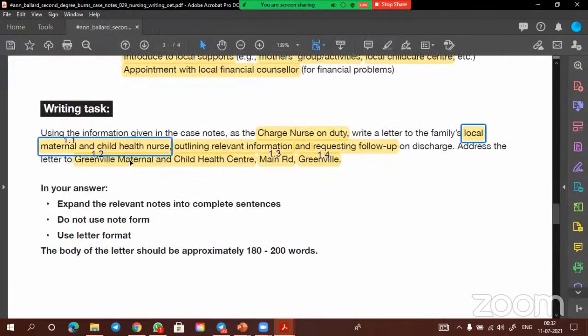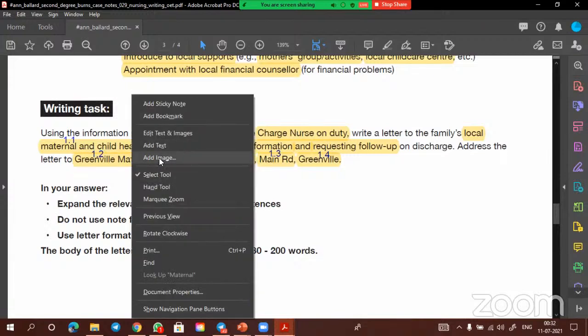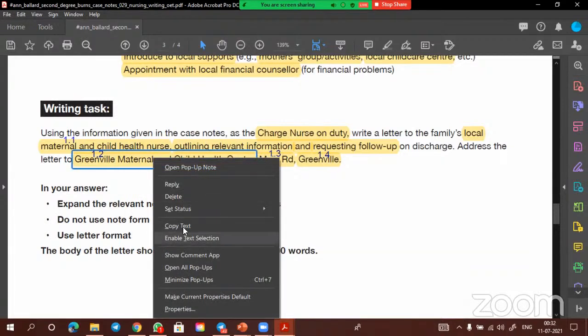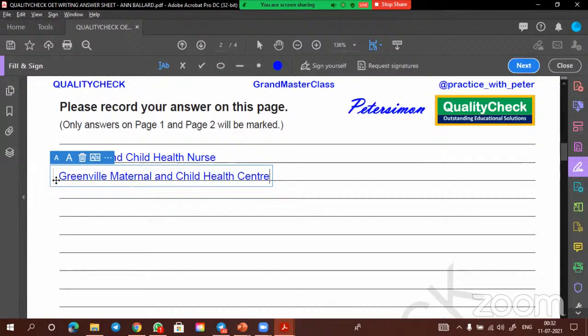Then second line. Greenville Maternal and Child Health Center, capitals. G capital letter, M capital, C capital, H capital, C capital, and no capital letter for and.